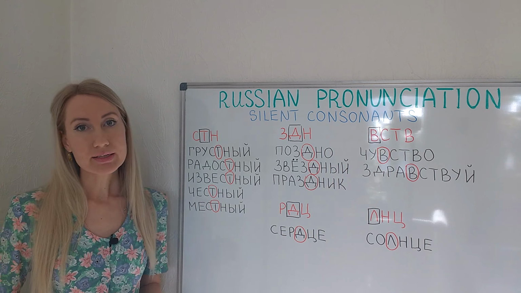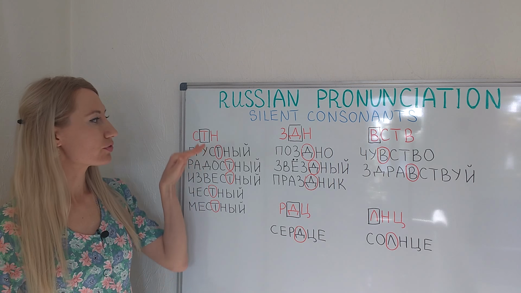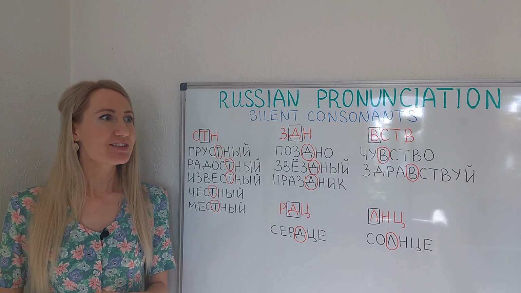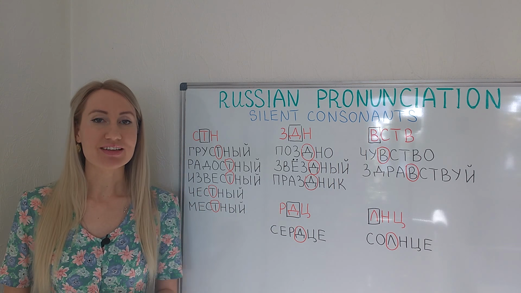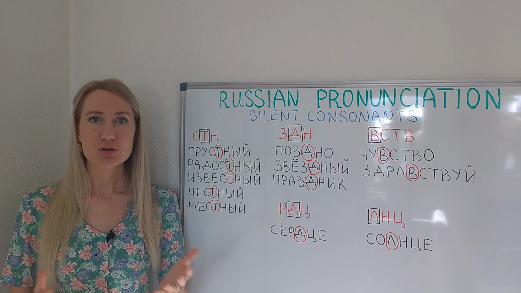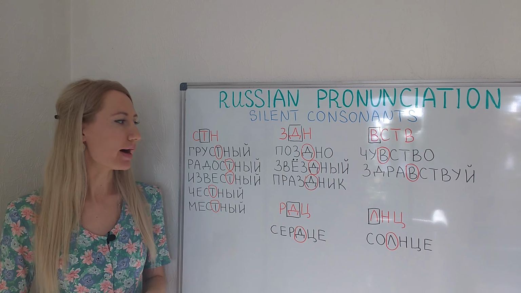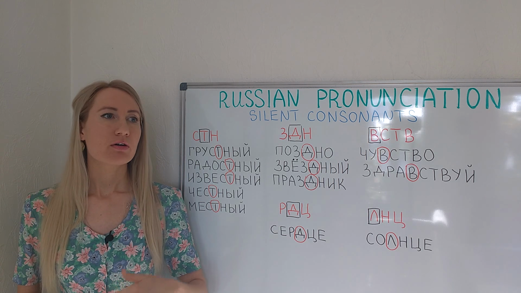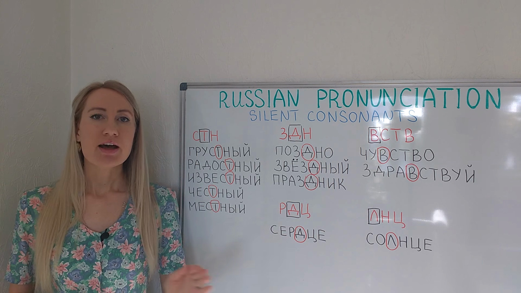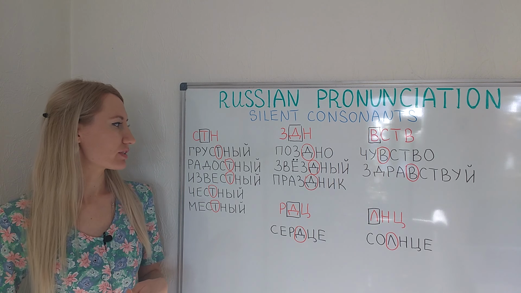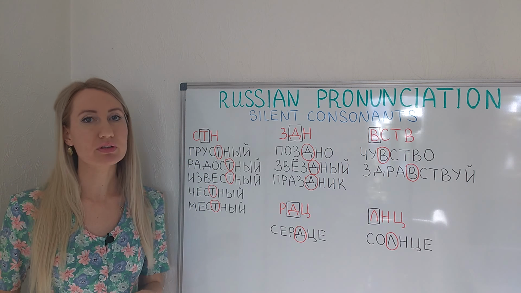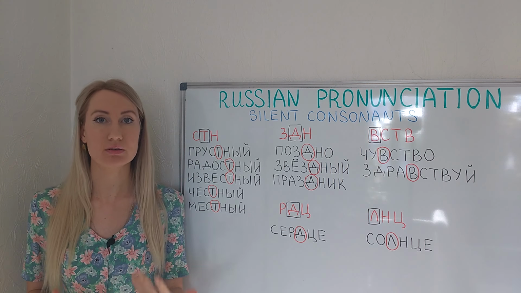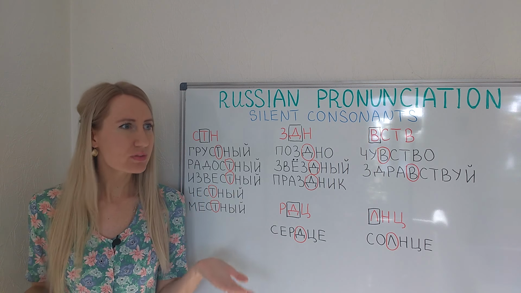So, when in Russian we see 3 or even 4 consonants together, it's really difficult to pronounce them all. That's why in speech we don't pronounce them, but we still write them. That's why Russian children, from even the 2nd grade, learn how to check themselves. For example, in the word грустный, sad, there is this T. Can't we write without these letters?